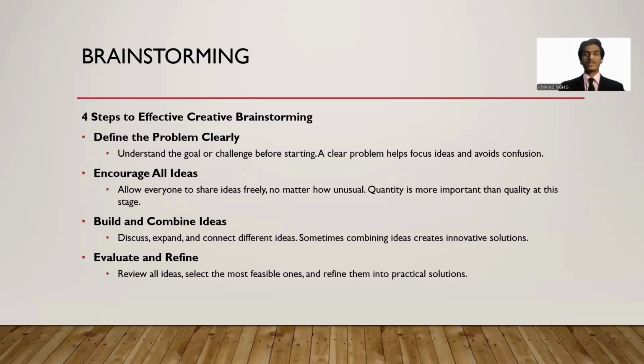Quantity is more important than quality at this stage. Build and combine ideas. Discuss, expand, and connect different ideas. Sometimes combining ideas creates innovative solutions. Evaluate and refine. Review all ideas, select the most feasible ones, and refine them into practical solutions.